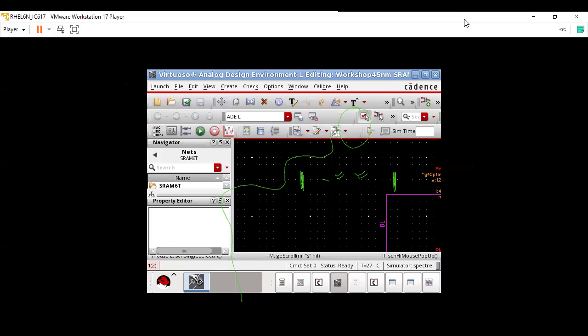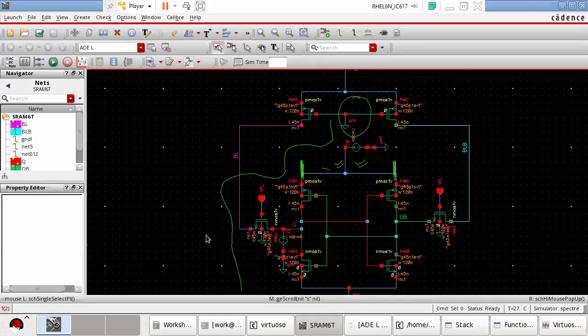So when BL has a path towards the ground, you will see that the BL is slowly coming down.